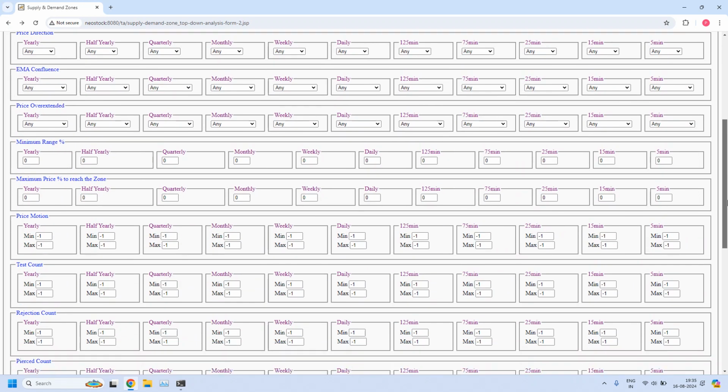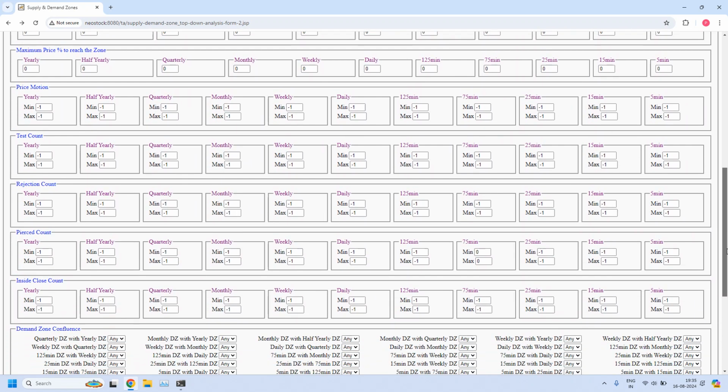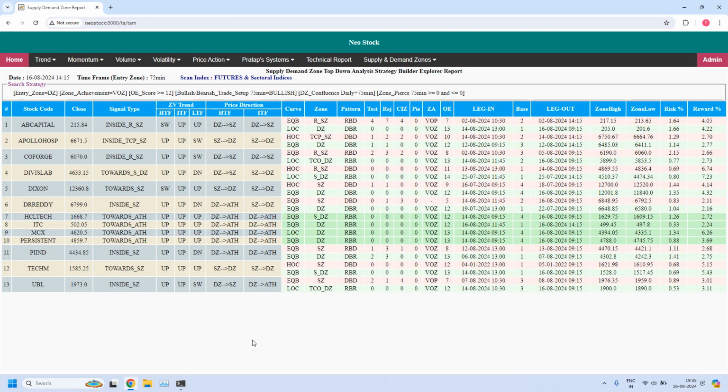From the 21 stocks, let us check how many are supporting daily demand zone confluence. 75 minutes with daily demand zone I am enabling. This is LTF and ITF confluence. So 13 stocks. So currently 13 stocks are supporting bullish trade setup for weekly income trade.